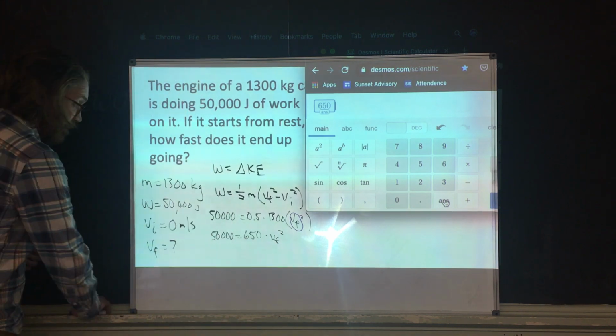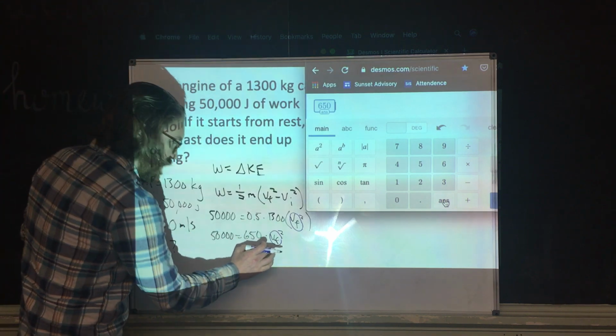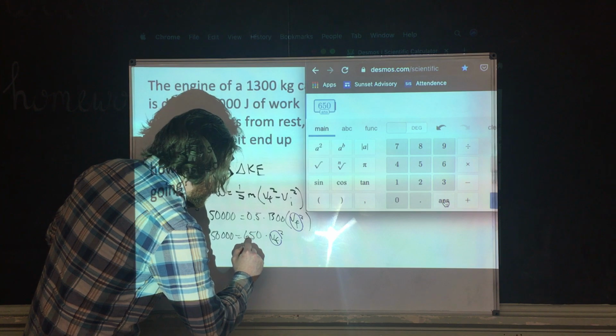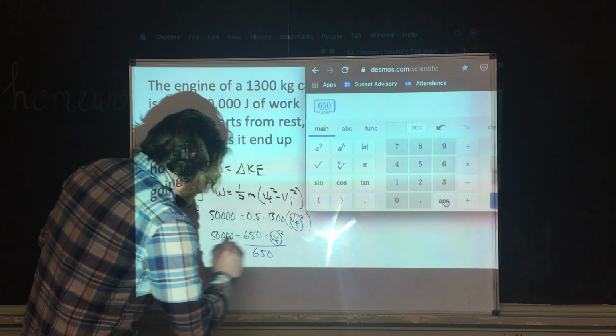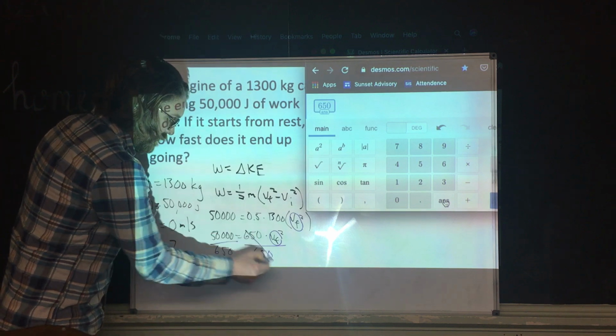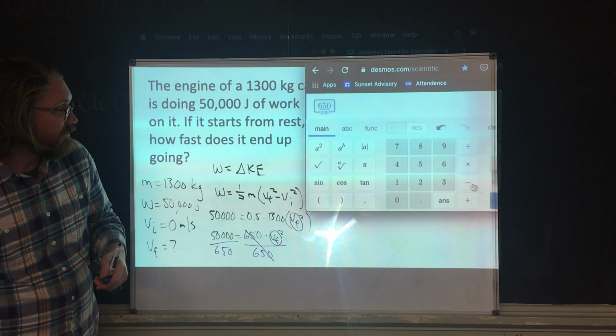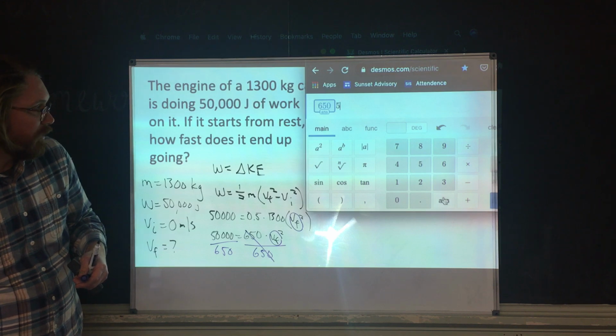I still want the final velocity by itself, so I have to move 650. This is multiplication, so we do the opposite. We're going to divide by 650. Whatever you do to that side, you do to this side, right? 650 divided by 650 is 1, and we've got 50,000. So again, watch this. I'm going to go clear.